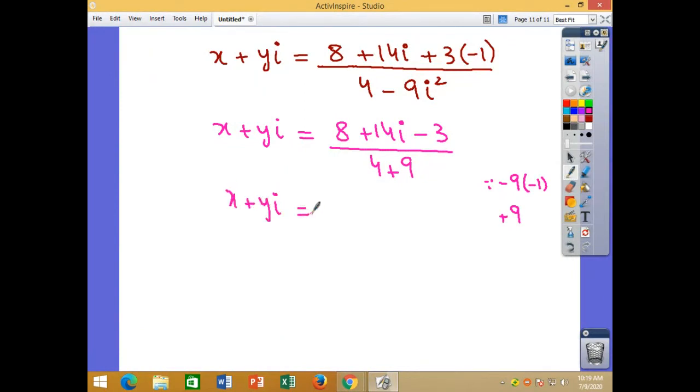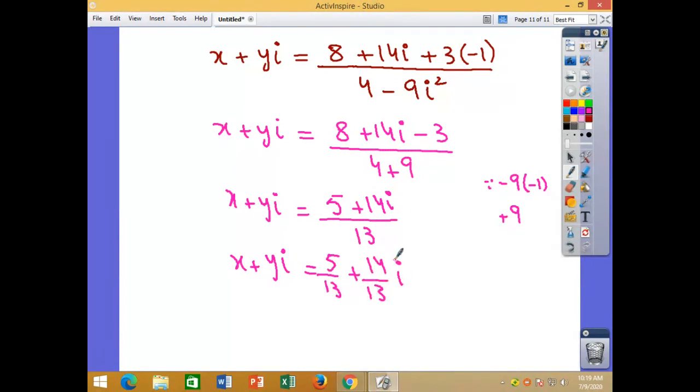When we subtract 3 from 8, we get 5 + 14 iota. When we add 4 and 9, it becomes 13. After more simplification, we get 5 by 13 plus 14 by 13 iota.